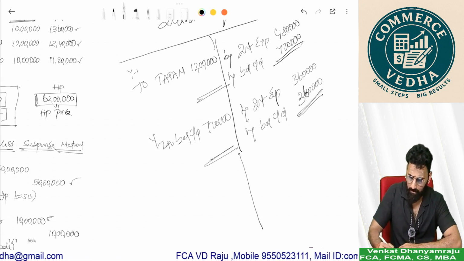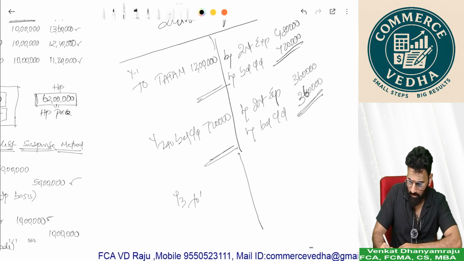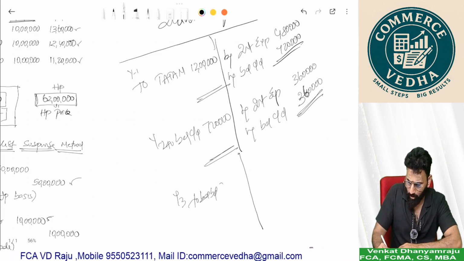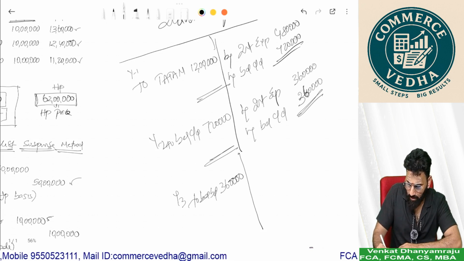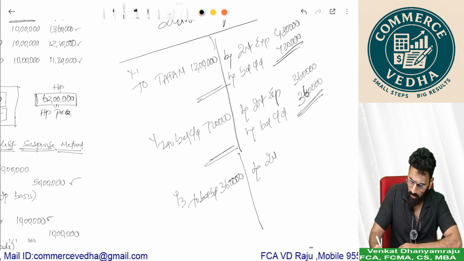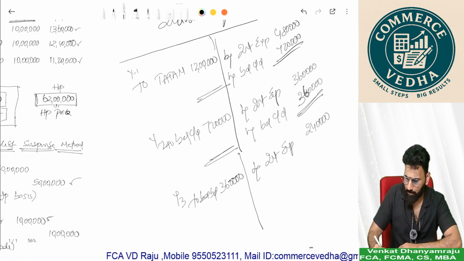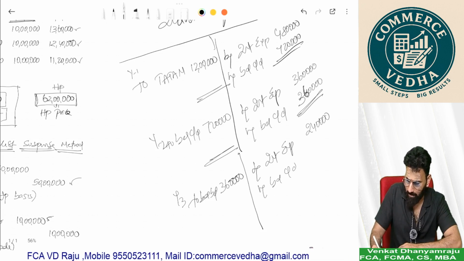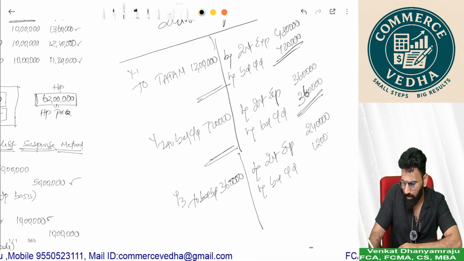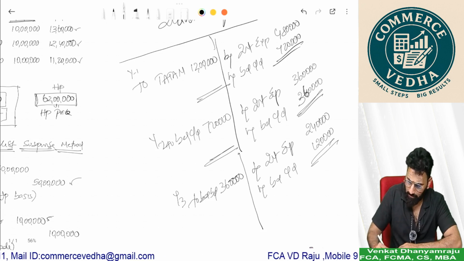Now third year, to balance brought down 360. By interest expense 240. By balance carried down 120.